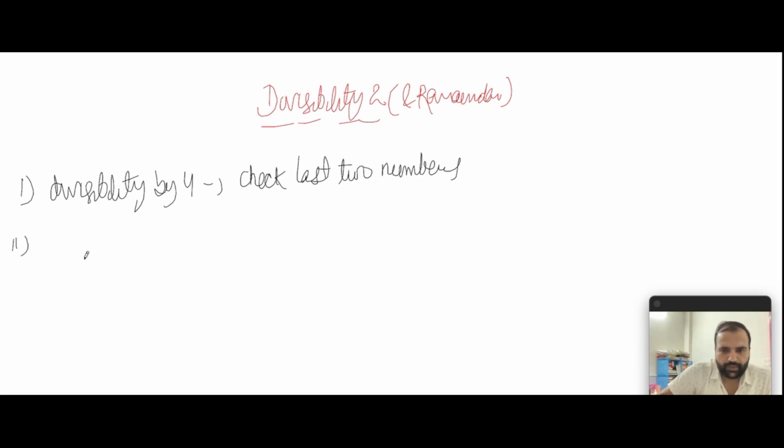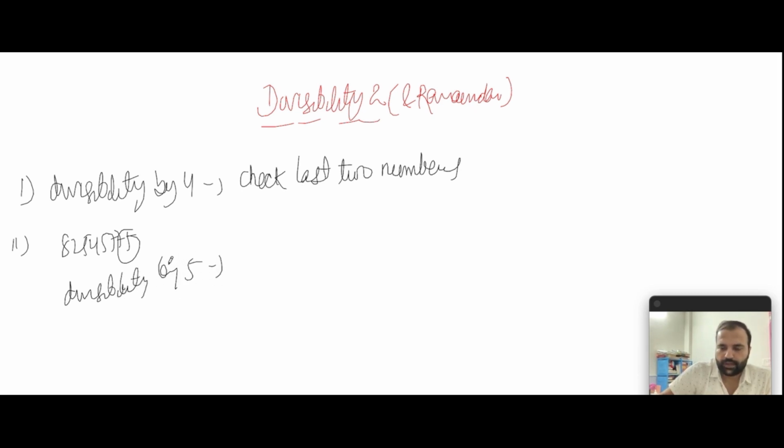Now there's one more very strange observation. Let's see any number, 8 2 5 4 5 7 7 5. The moment the number ends with 5, it is divisible by 5.